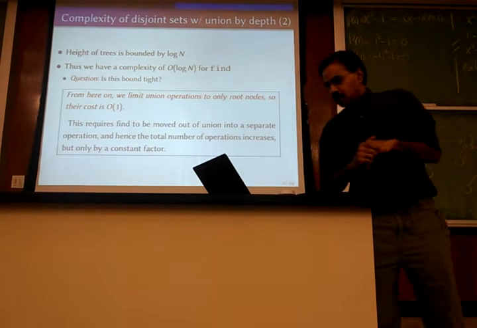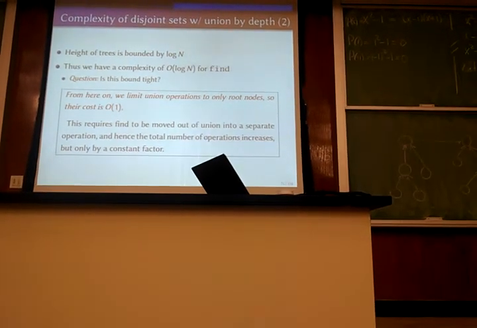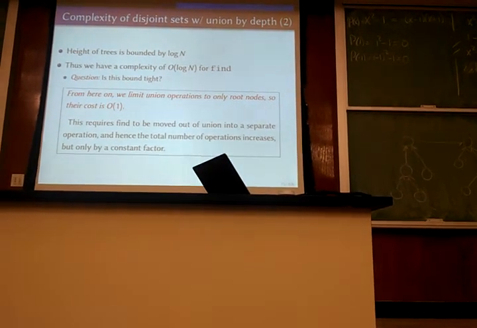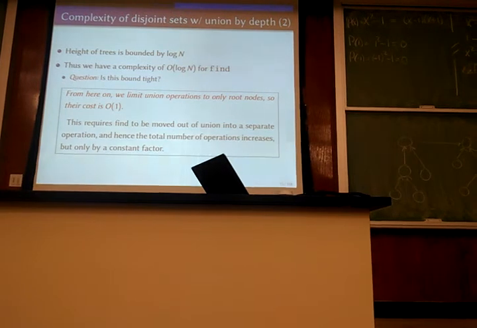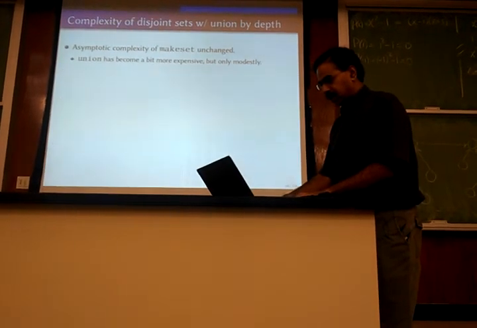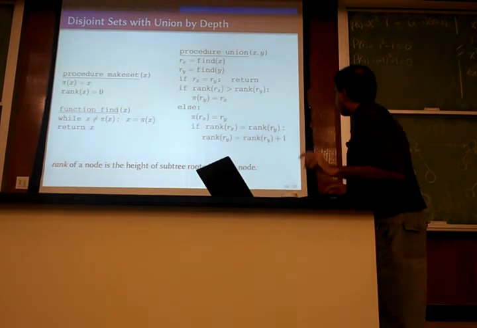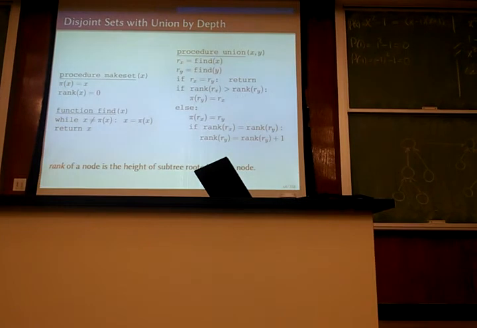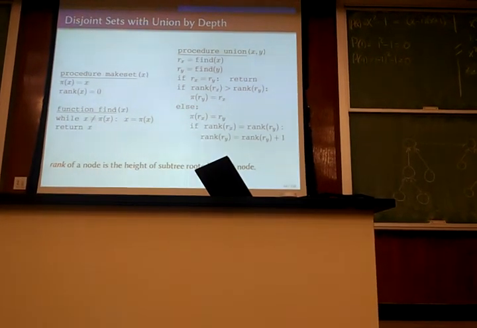Okay, so now we're going to try to improve this further. But before we do that, there's a slight change we're going to make. In the previous algorithms, we did this find implicitly within the union, so we called union after calling a find.